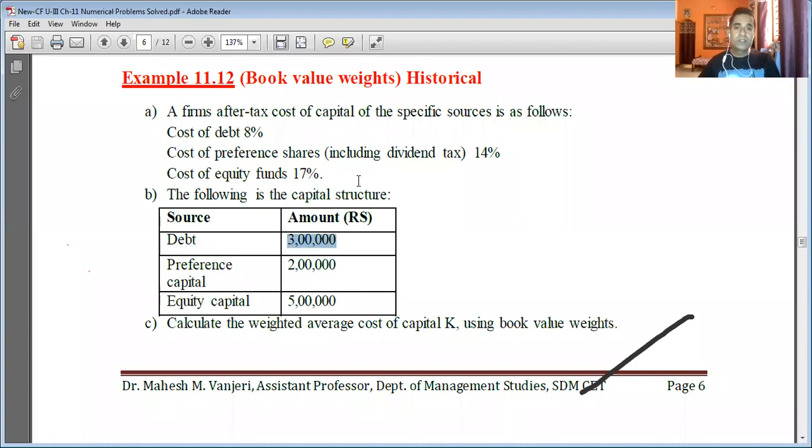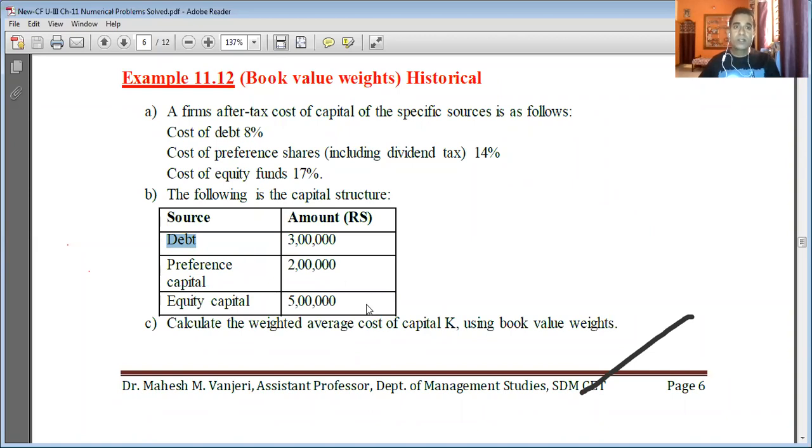These values are book values: debt 3 lakh rupees, preference capital 2 lakh rupees, and equity capital 5 lakh rupees, as mentioned in the books of accounts. Since these securities are traded in the stock exchange, the market price is determined by demand and supply as well as various other factors.